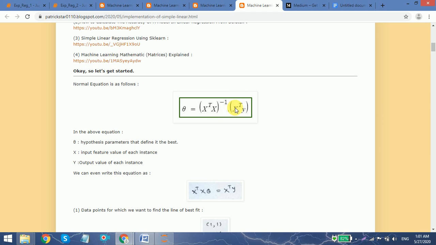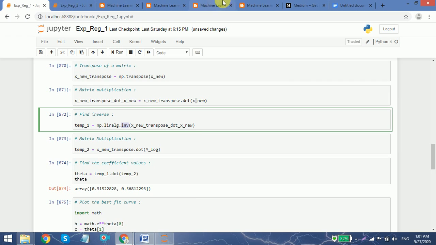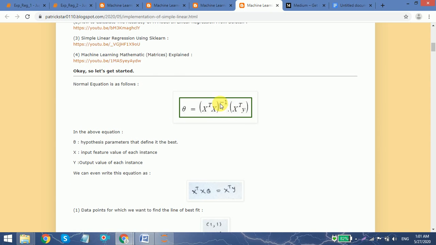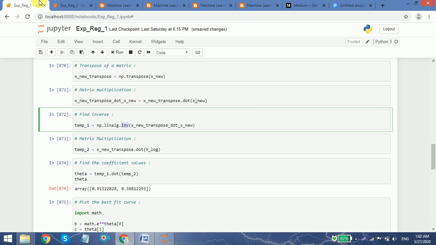Now what we need to do is find the transpose value into y, and then multiply them with each other. Notice that we have stored this product in a variable called temp1, and we are going to store this value in a variable called temp2, and then multiply them.